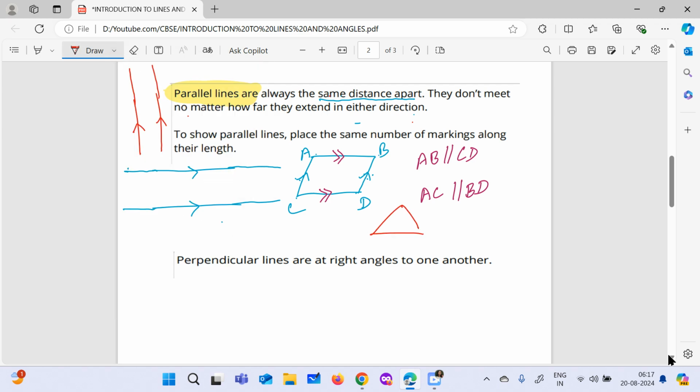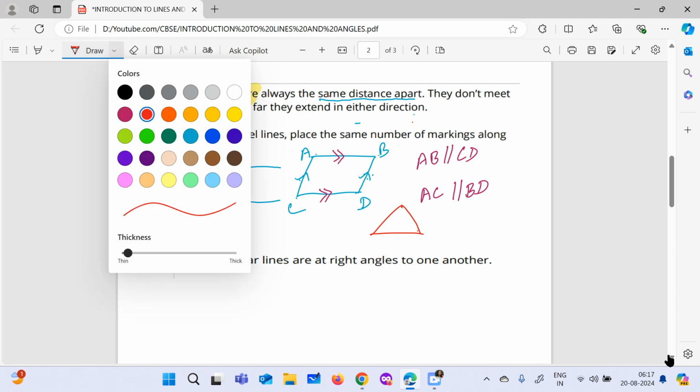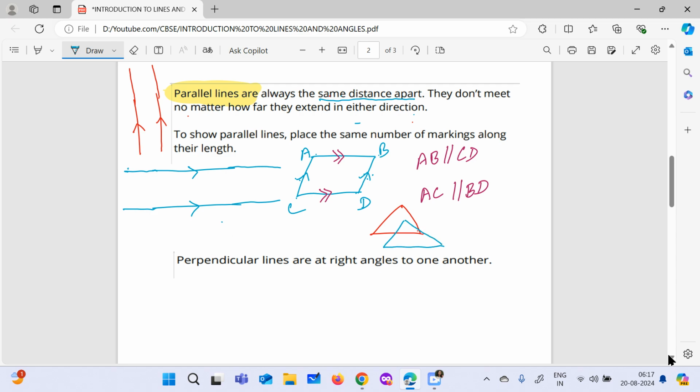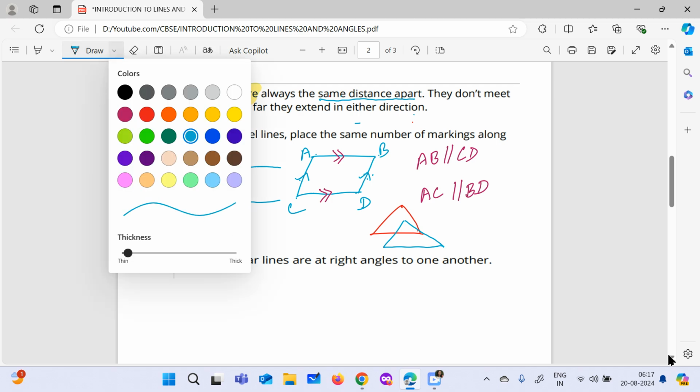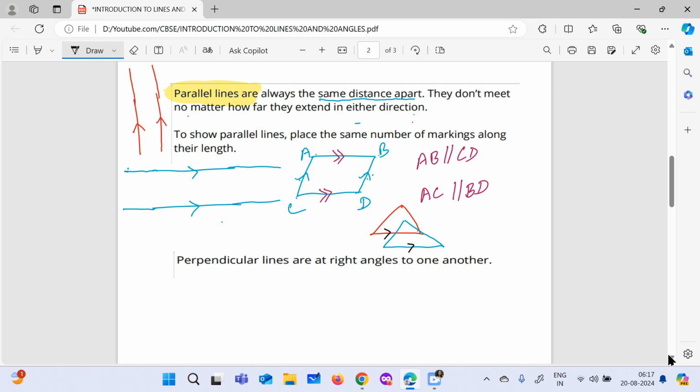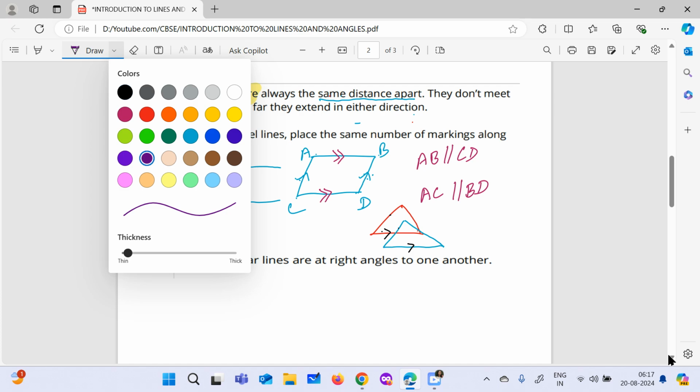Suppose I have this shape, and I have to show the parallel lines in this. I can show it this way. I will say that this line is parallel to this line, right? Because they have the same number of markings, very easily I can identify that this line is parallel to this line. Now suppose I have to show that these two are parallel, what I can do is I will draw like this.